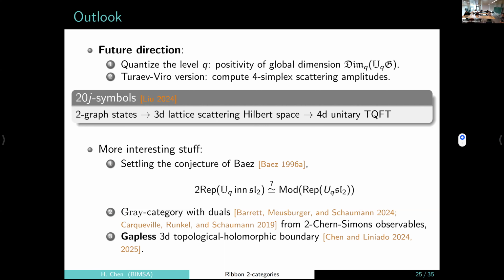So you expect a scalar invariant for a manifold, and that invariant is expected from some kind of functional integral, and then you have some action.